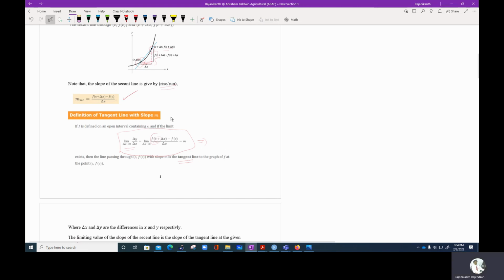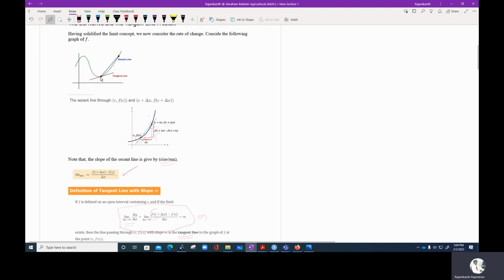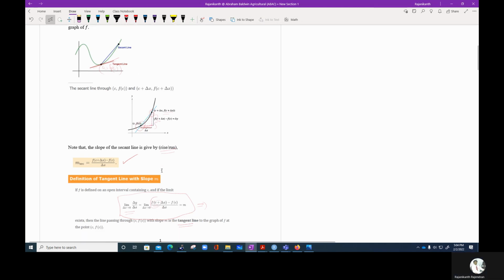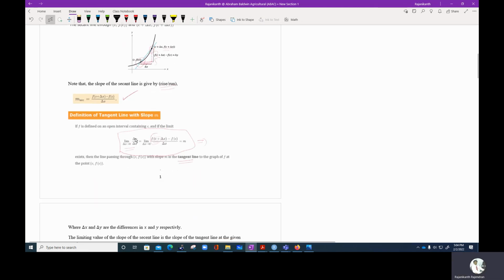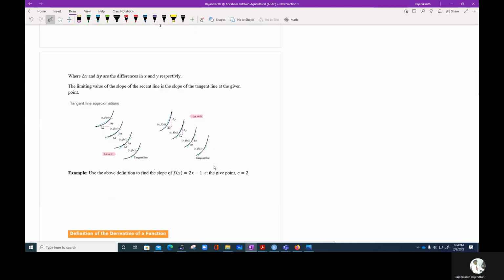A tangent line is nothing but a line touching and going with the curve. So you could think of this as c comma f of c, the x and y coordinates. In that way, you could think of the limiting value of the secant line, which is given by this formula. So that is the slope of the tangent line. This picture will tell you everything, how it goes.